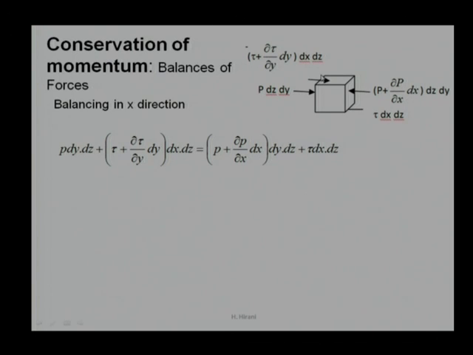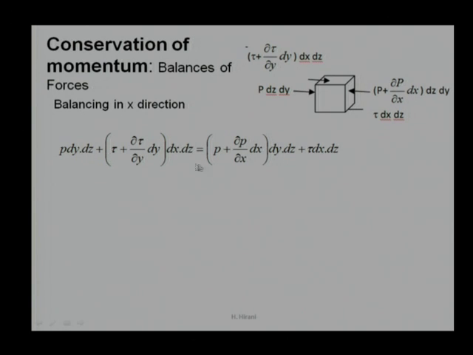Now, continuing with this, we are considering conservation of momentum, and for the time being we are considering only the force balance, and the force balance in x direction can be given by this relation. The P into area, tau plus gradient into area, pressure plus gradient into dx into area, plus tau into area.